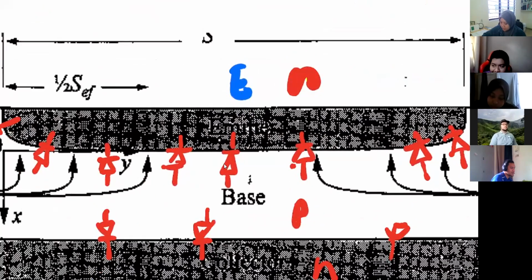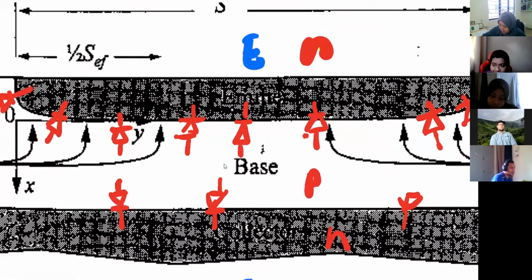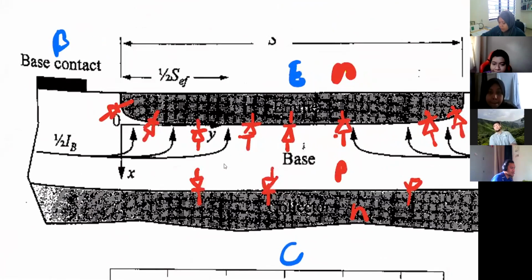Okay, so now it means that you will have a lot of current flowing here, to here, to here. But the contact is from the outside, the contact is over here.